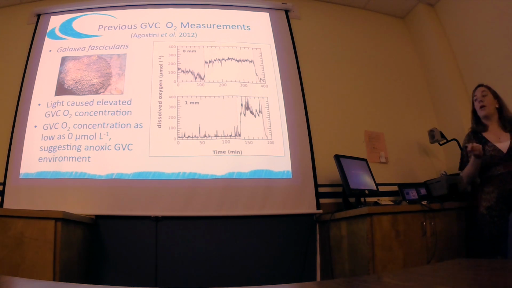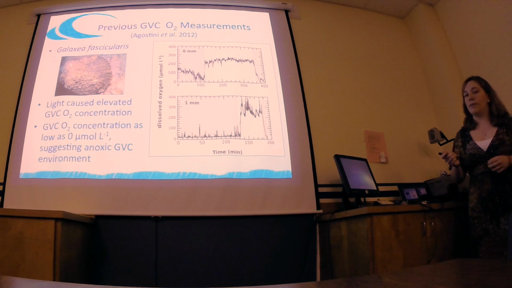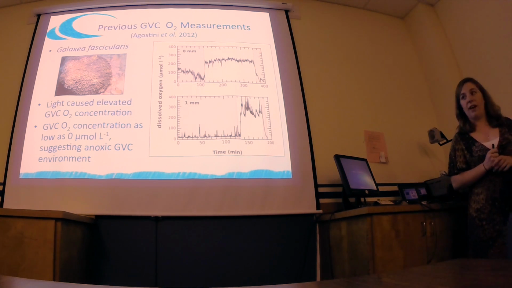And it brings up that a lot of people haven't focused on the actual internal chemistry of the GVC in relation to corals. So one study here, back in 2012 by Agostini et al., measured the oxygen concentration, first just at the mouth of the polyp, and then about a millimeter within the gastrovascular cavity.